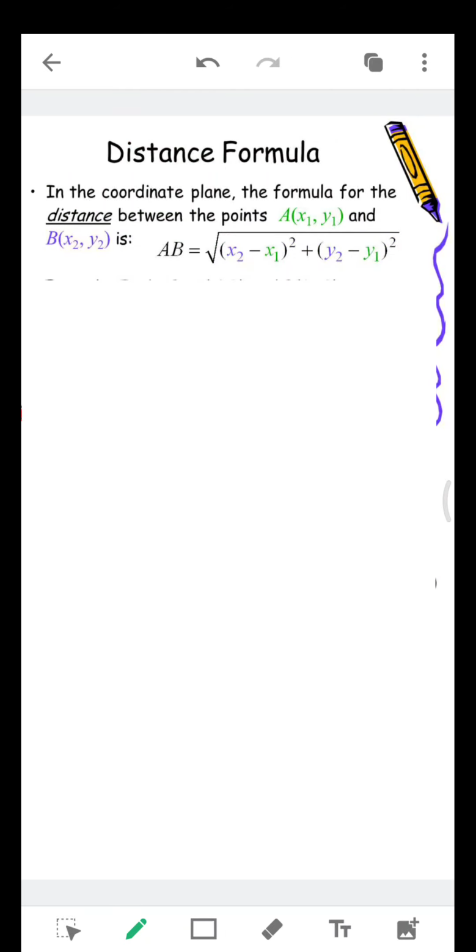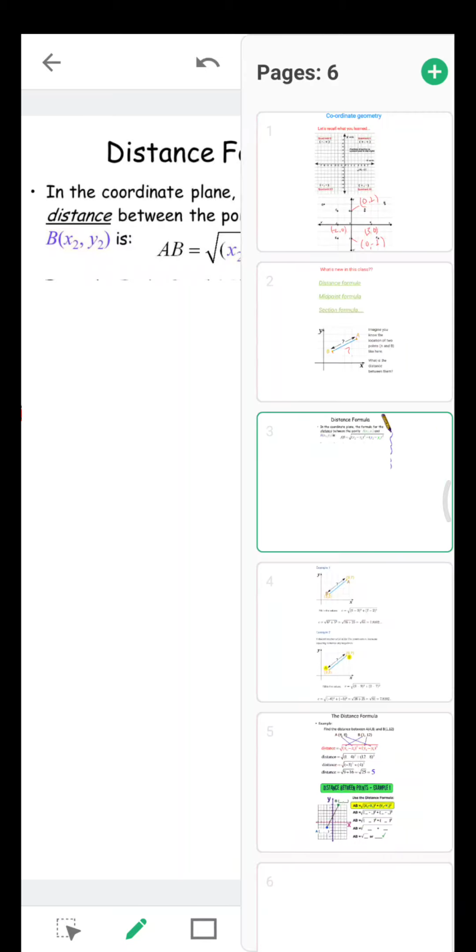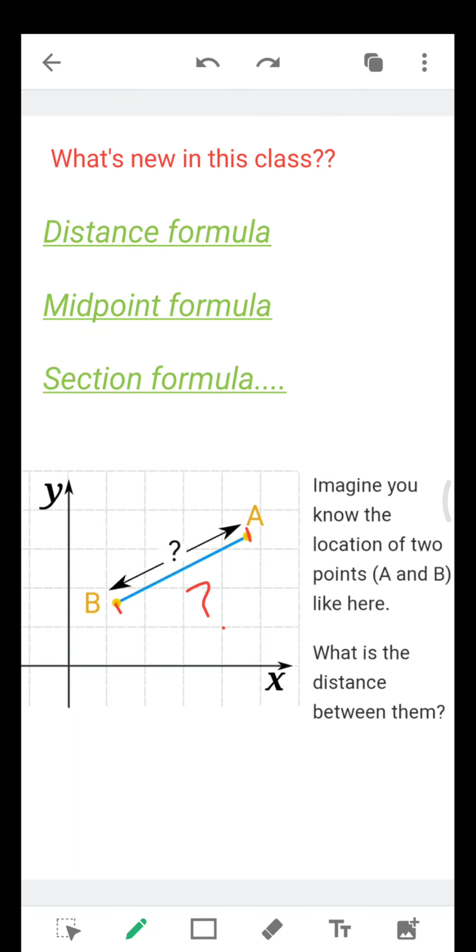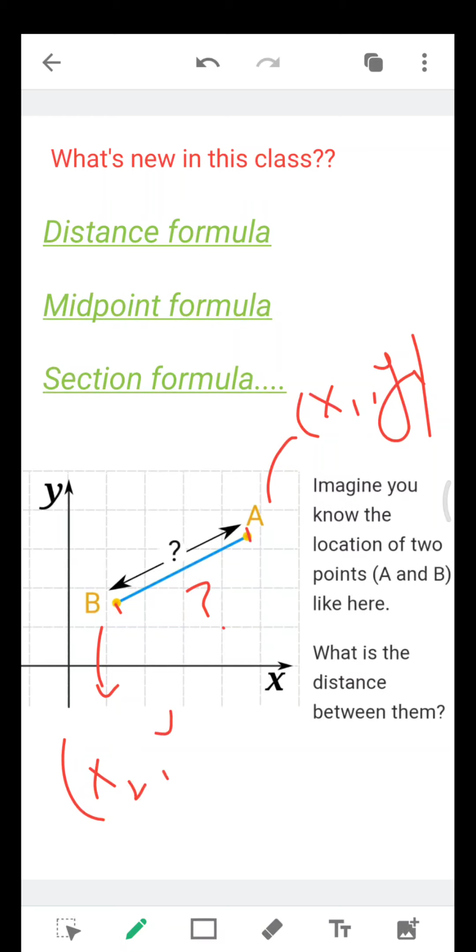In the coordinate plane, the formula for the distance between the points A (x1, y1) and B (x2, y2). I'll number these points: this A as x1, y1, and this B I'll name as x2, y2 for my convenience.